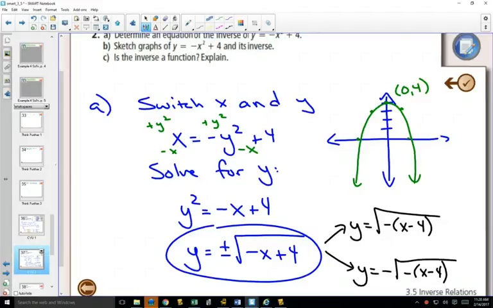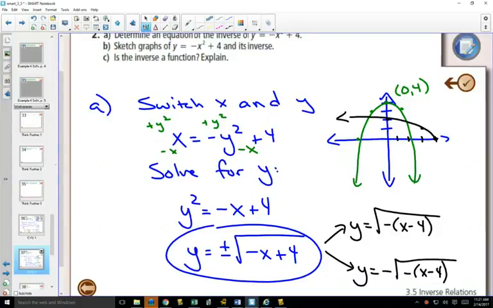So what does this look like? We're going to have a square root graph. Remember what the square root graph looks like. You're going to flip it over the y-axis and then move it 4 to the right. So this top one, 1, 2, 3, 4, flipped over, then moved 4 to the right, looks like this.